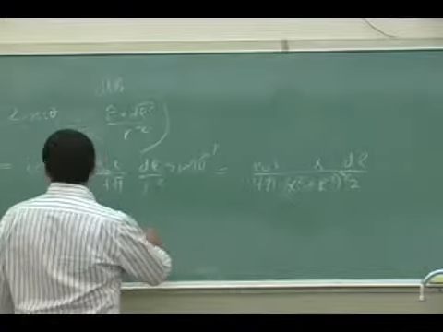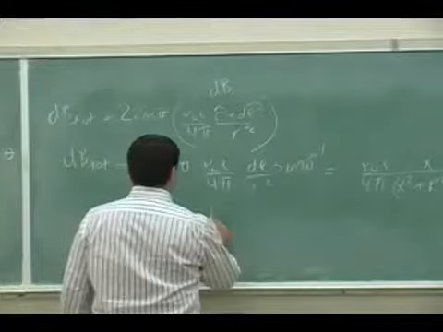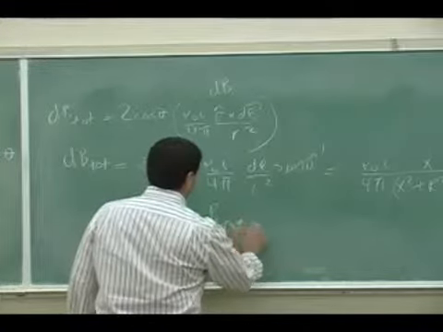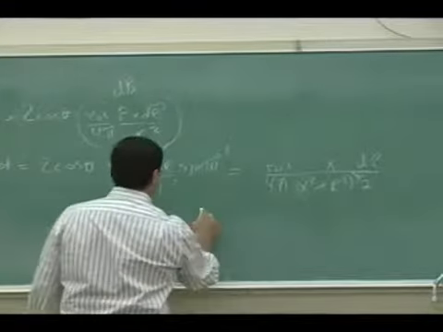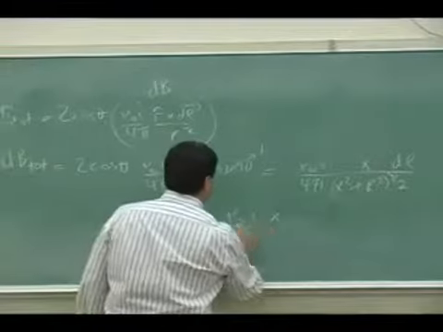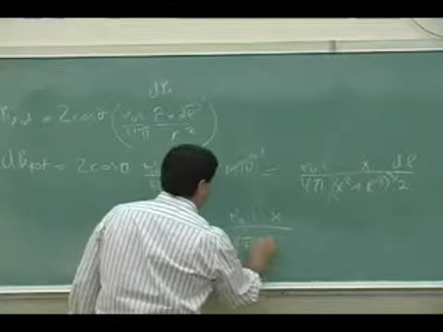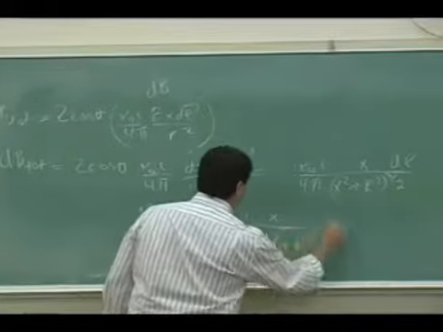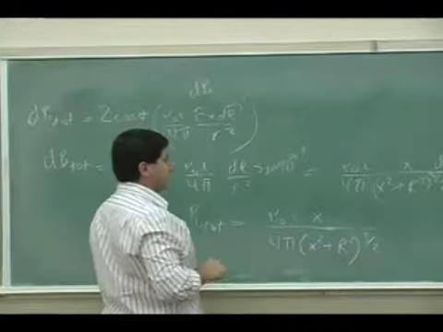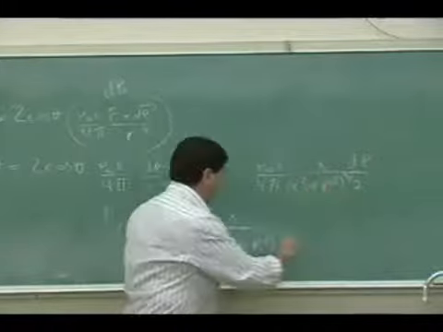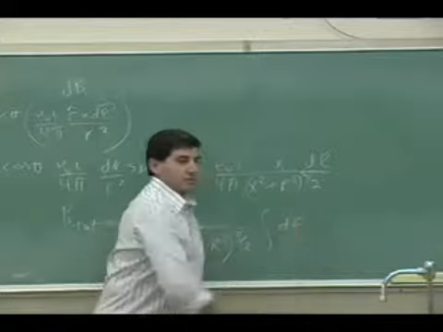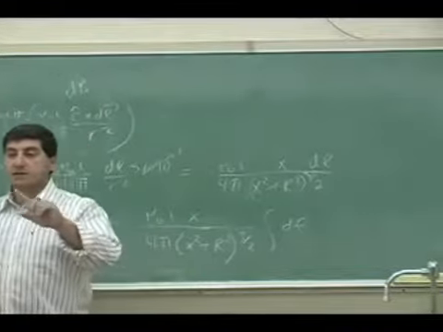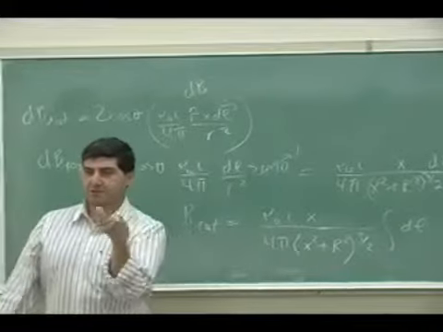Okay. So B total is therefore going to be just all of this times the integral of just the dl over the whole circle or half the circle.